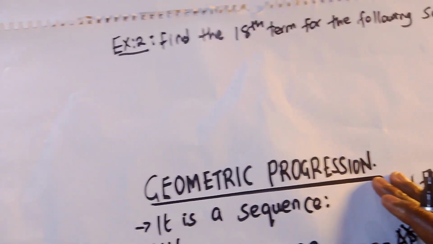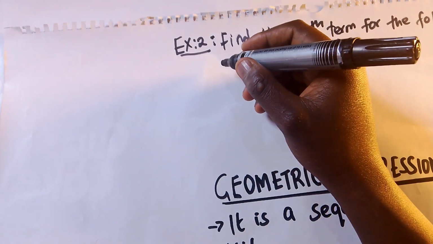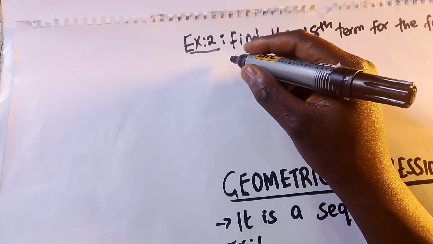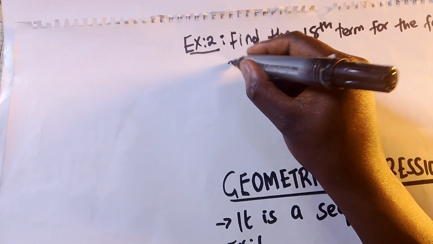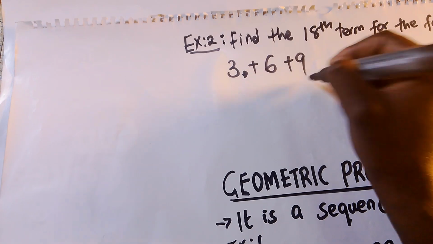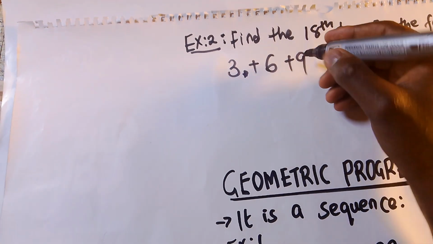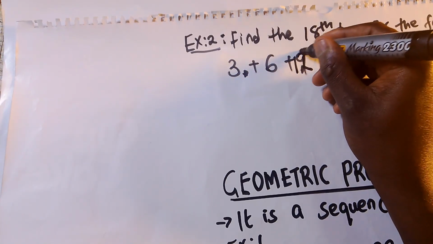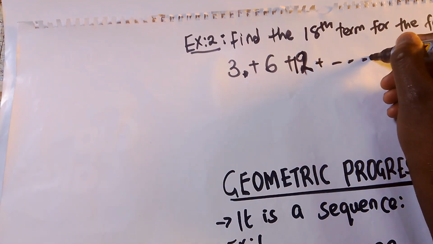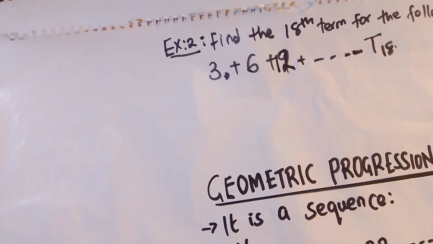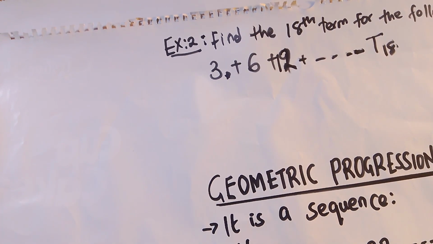The series is 3 plus 6 plus 12 plus, and so on. We are supposed to find the nth term. We are supposed to determine the 18th term.